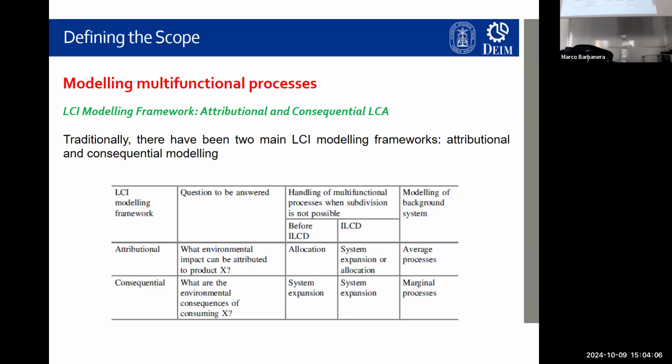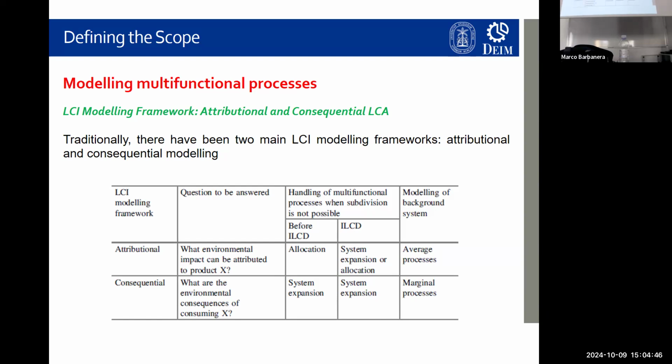Okay, this is not a very easy point, but we can try to simplify. When we refer to LCA and to the modeling of multifunctional processes, we typically identify two different approaches.